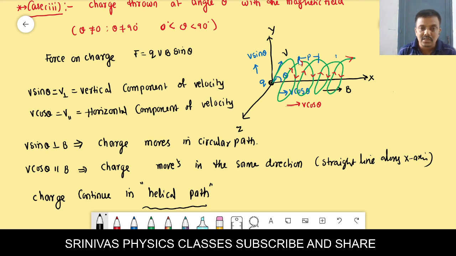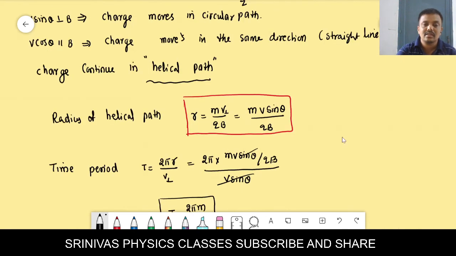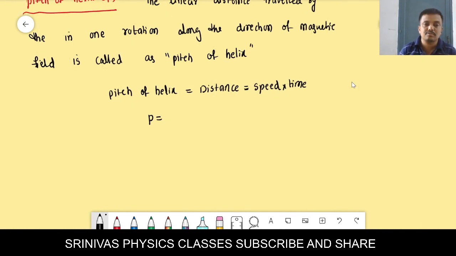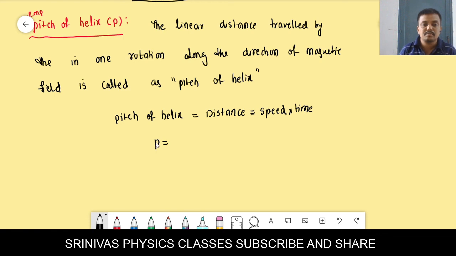And in one rotation, how much distance is traveled? For one rotation, the time taken is the time period. Then pitch of helix is equal to speed times time. The speed is V cos theta, because that only makes it move forward. The time for one rotation is the time period.